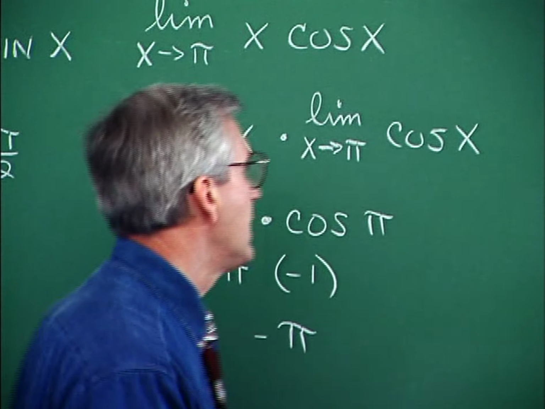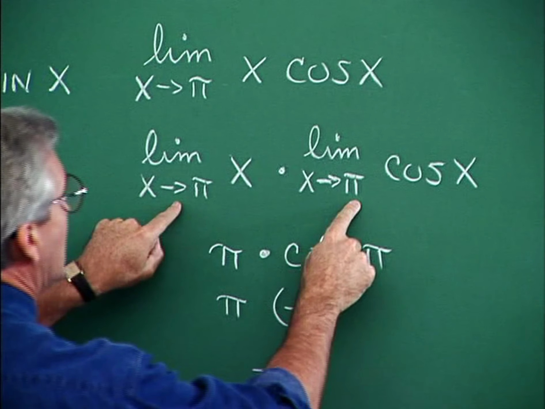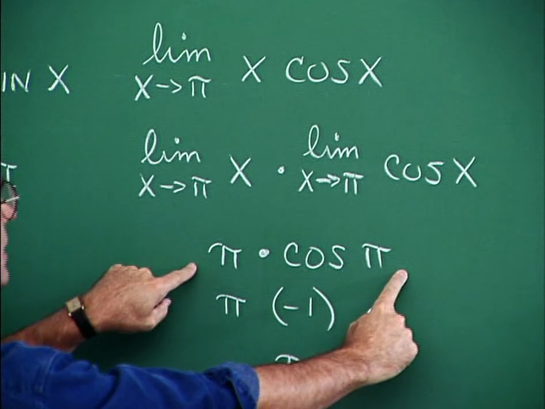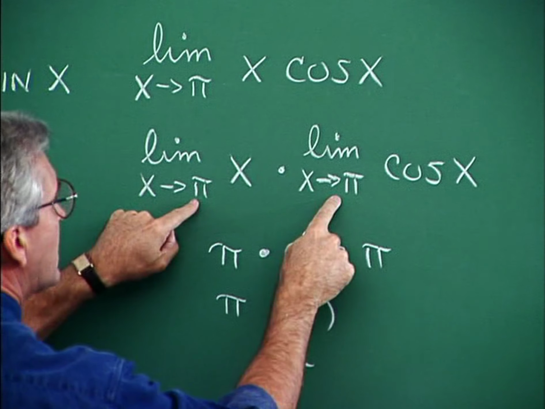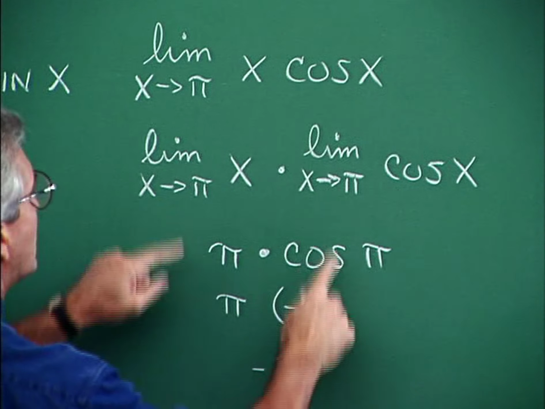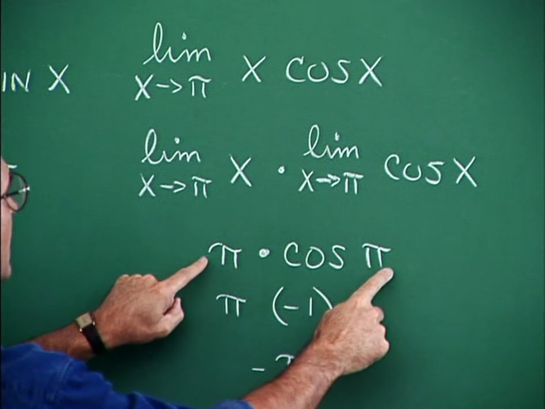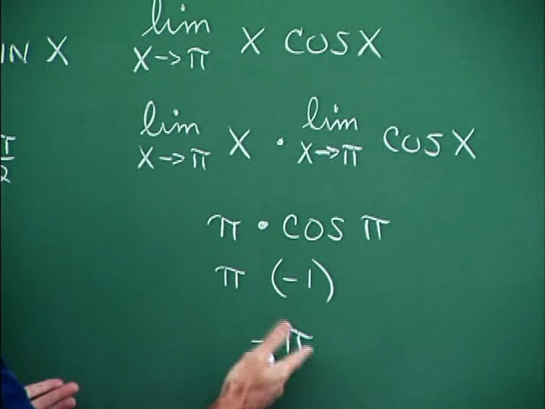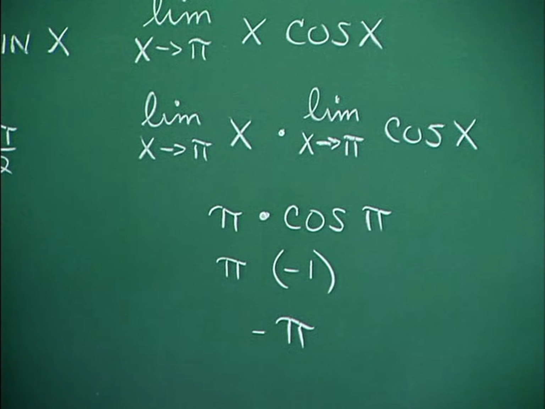That's why I write it in here. You don't always have to write this. This is such a trivial situation that you can go directly to that step. But I want to show this because in the future we'll have occasion where we need to write that step. At any rate, we're making the substitution here, and so we have pi times cosine pi. Cosine pi is -1, so negative pi would be the limit.